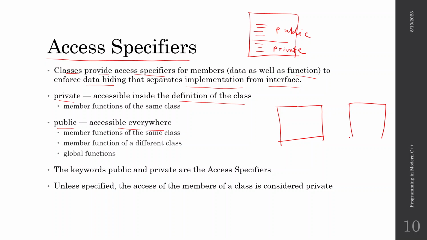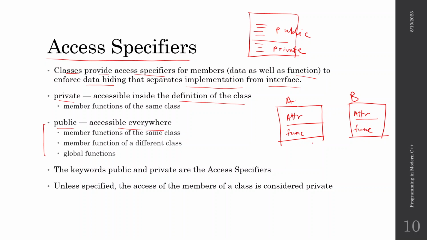If you have two classes, A and B, and you have some attributes and some functions here, first let me discuss the public one. Public means that everything is accessible from everywhere.